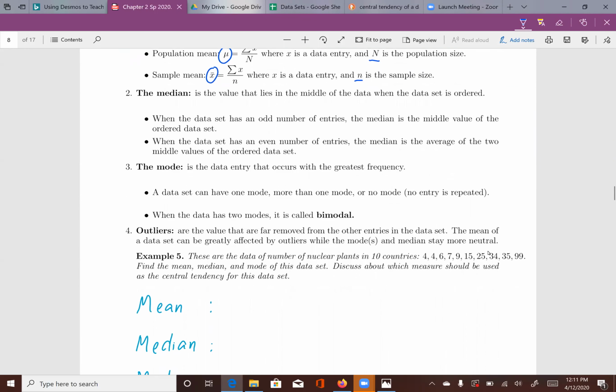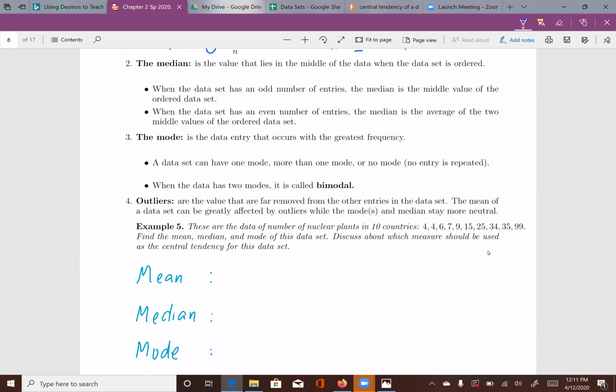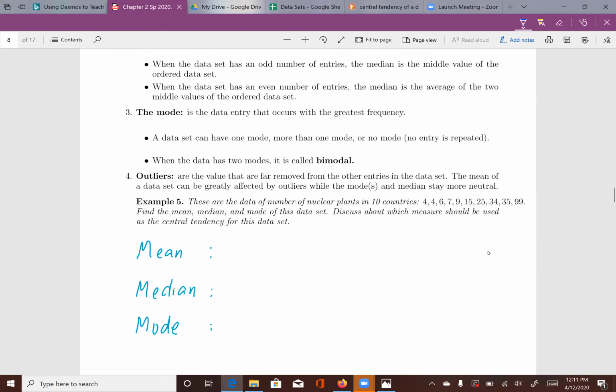Now the median. What is a median? The median is a value that lies in the middle of your data when your data is ordered. Usually you order your data in ascending order, from the smallest value to the largest value. There are two scenarios here. When the data set has an odd number of entries, your median is just the middle value of the ordered data set.